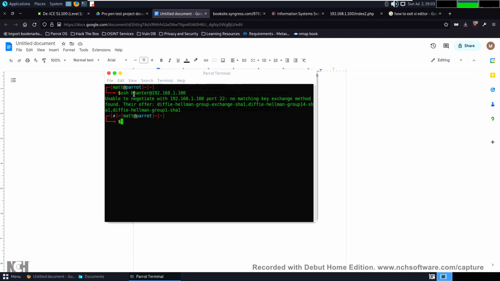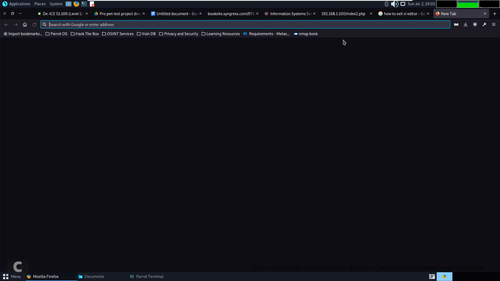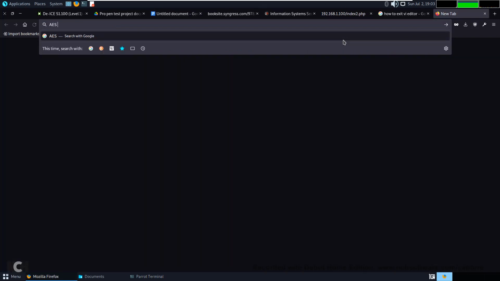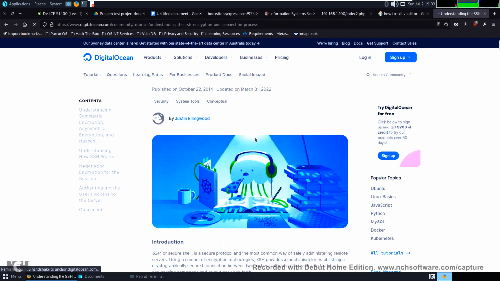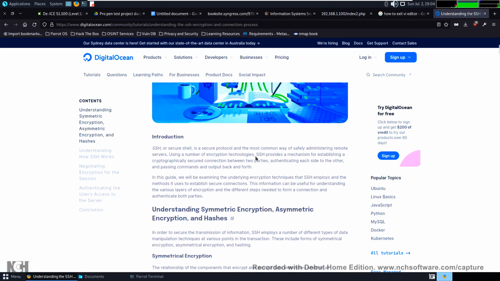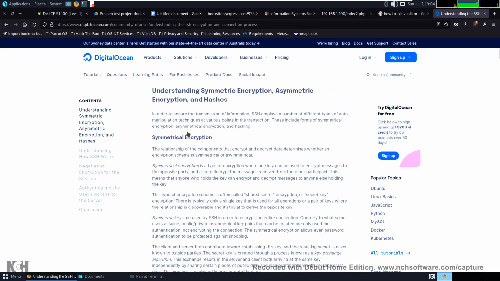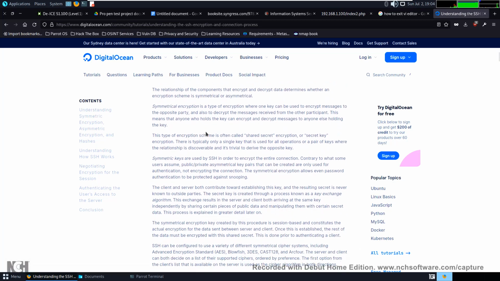If you don't understand that, you need to look up, let's go look it up right now. AES keys versus public and private keys, DigitalOcean. Understanding this one, I think this is it. The connection process, okay, in this guide, aka symmetrical encryption, this is important to read.